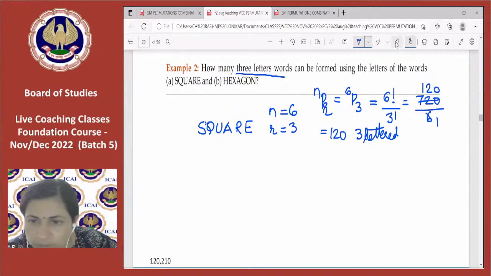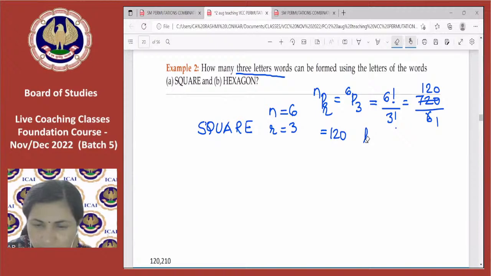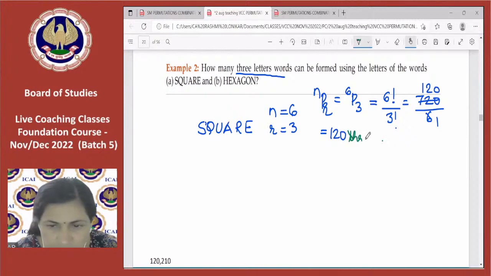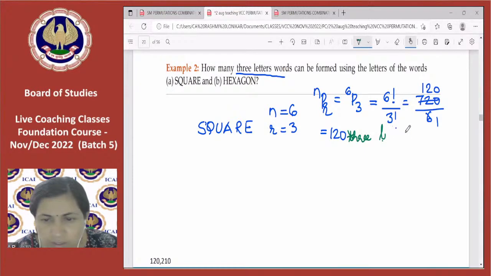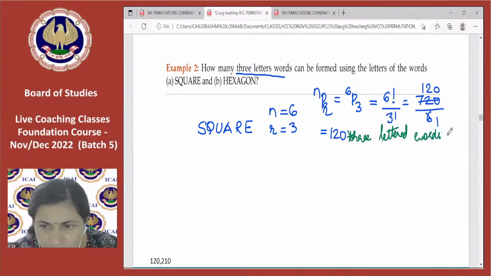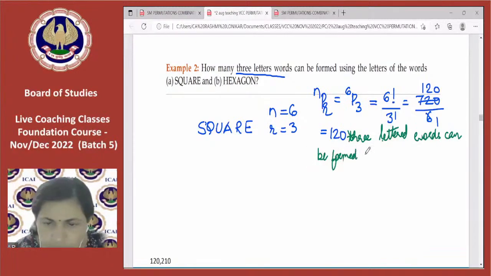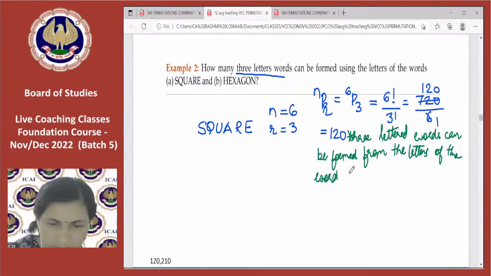Let me write it properly. 3-lettered words can be formed from the letters of the word square.